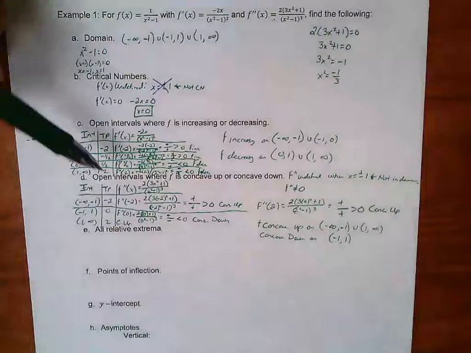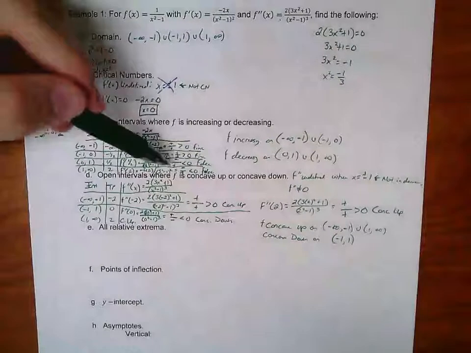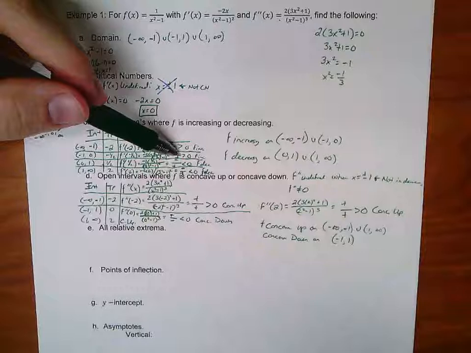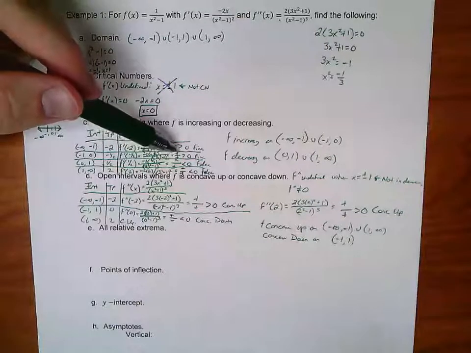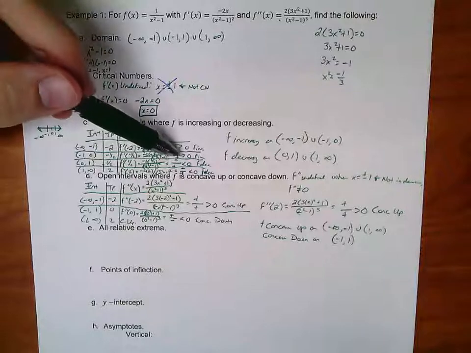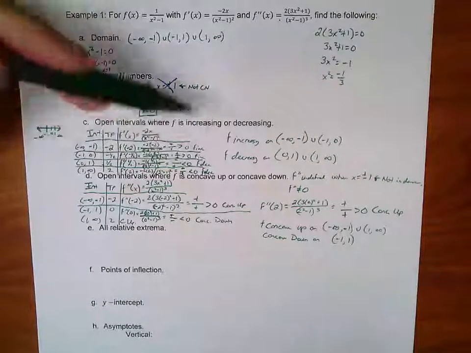All right, relative extrema. So going back to our only critical number, x equaling 0, looking at what's going on with our sign there. Our first derivative, looking back at our work from part C, went from negative 1 to 0, it was positive, it was increasing, and then 0 to 1 went to decreasing.